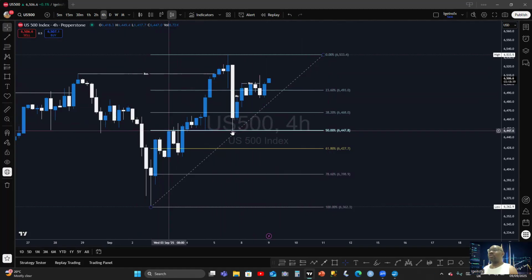Because this level is a psychological level where traders are watching, I want to believe that there are so many pending orders already there. Immediately price got here, it activated those orders. Because of the volume, you see the sharp rejection from here.